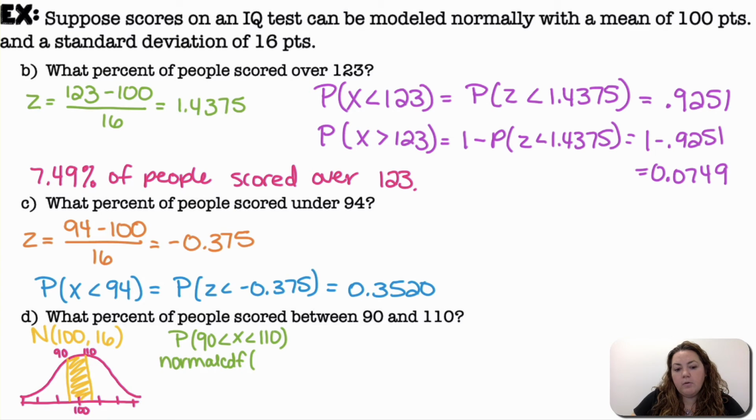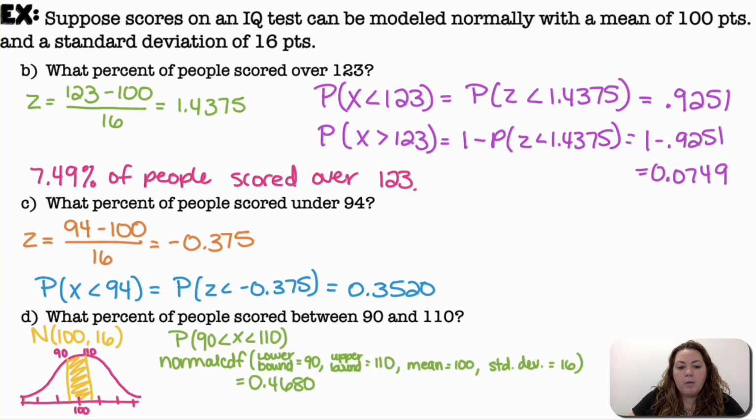In my calculator, if I want to do in-between, I'm going to go to normal CDF, so second VARS, which pulls up your distribution menu, normal CDF. My lower bound would be 90, my upper bound would be 110, my mean would be 100, my standard deviation would be 16. That gives me 0.4680, or 46.8%.